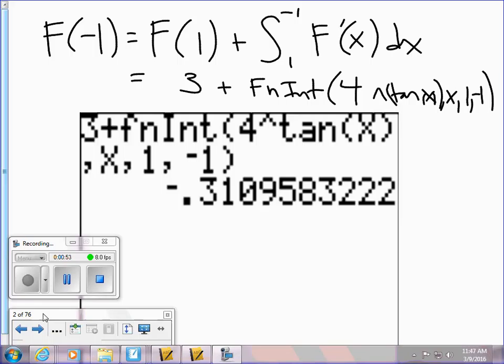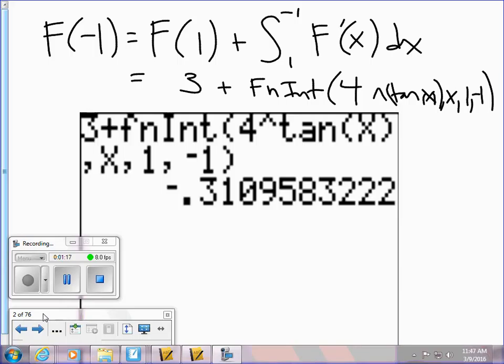All right. If we want f of -1, we take f of 1 plus the change in f from 1 to -1. It's okay to leave it like that. If you want to switch it to minus the definite integral from -1 to 1, you can. It will be the same. Just you don't have to.